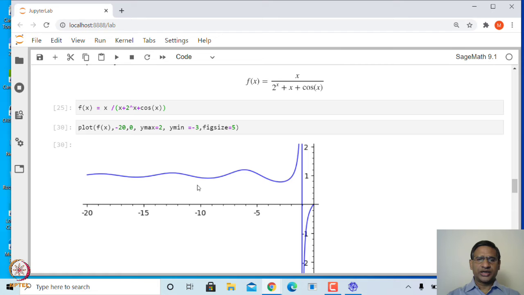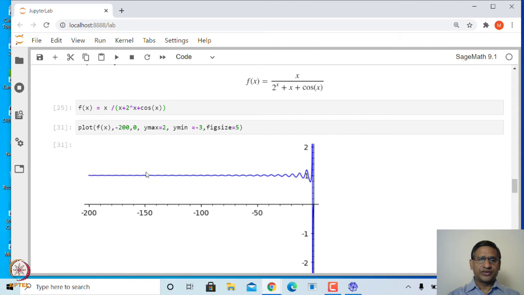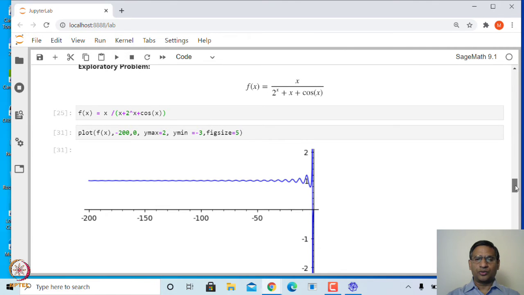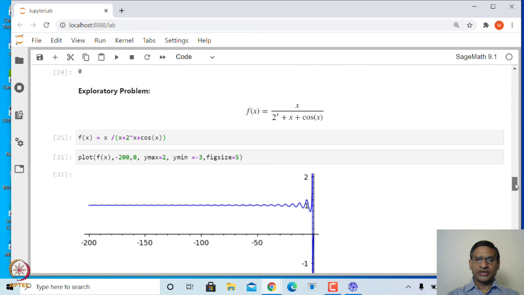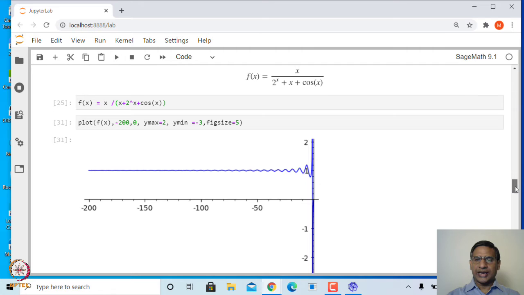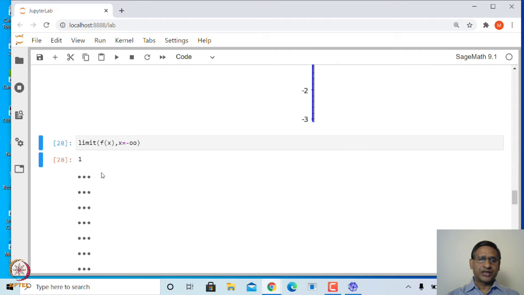If you plot a horizontal line, you will see that as x goes to, let us say, minus 200, this becomes very close to the line. So, that is what is happening. This is how you can get to know about the function behavior by plotting the graph in various domains, and then you can verify this using the inbuilt function limit, right.